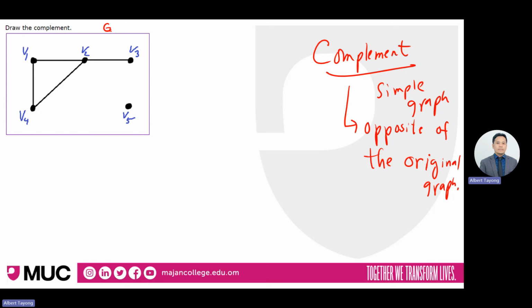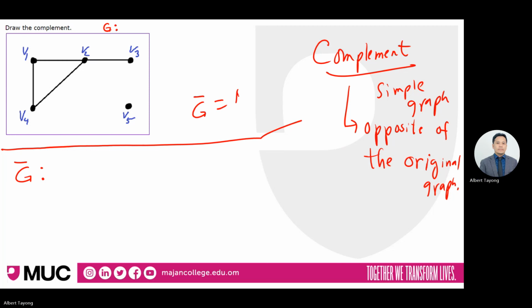We call this our G, for example. Our G complement is G bar in graph theory. This means not G. G bar means not G or complement of G. So we call this the complement of our original graph.